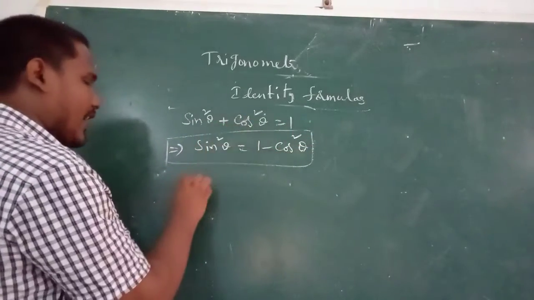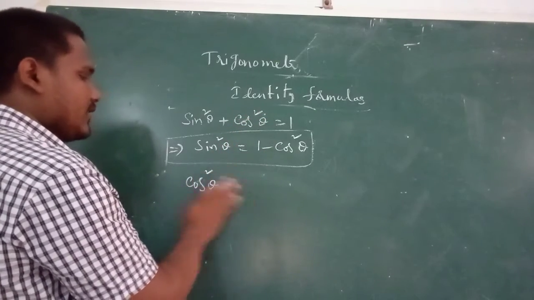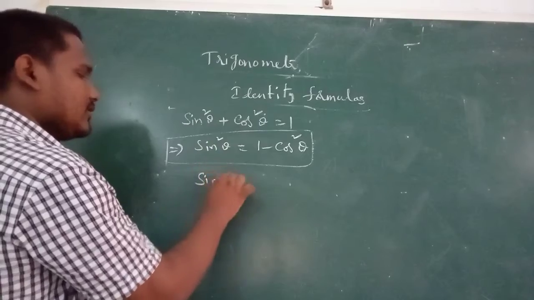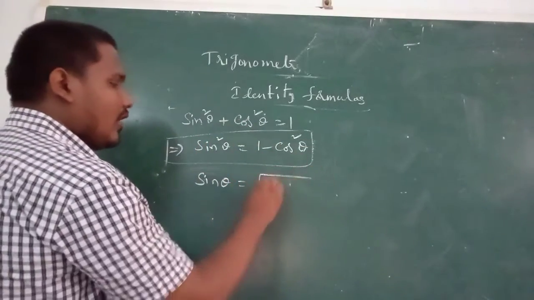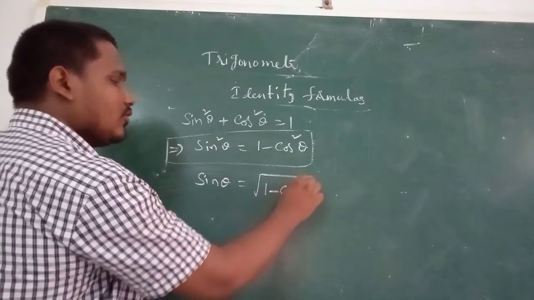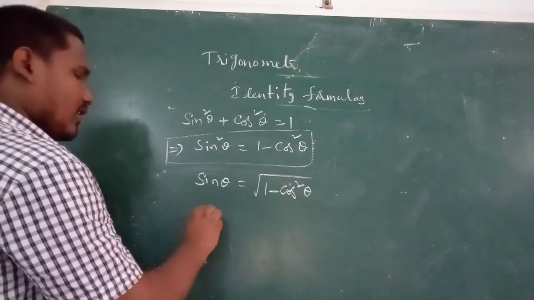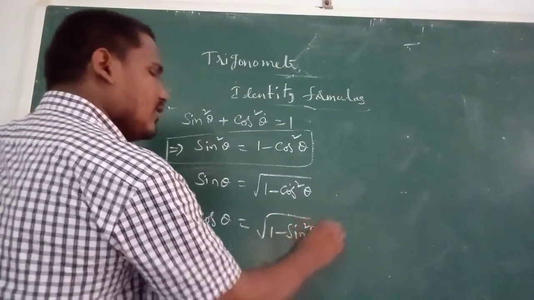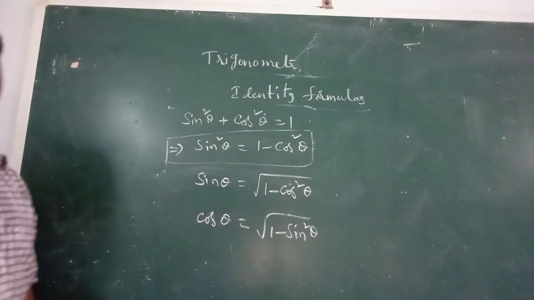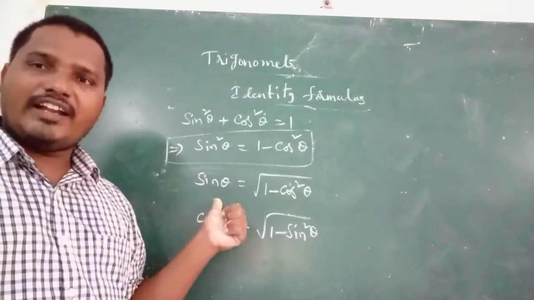And if you want cos square theta, that is equal to 1 minus sin square theta. Square shifts to the RHS side and it becomes root. Sin theta is equal to root of 1 minus cos square theta. Cos theta is equal to square root of 1 minus sin square theta.